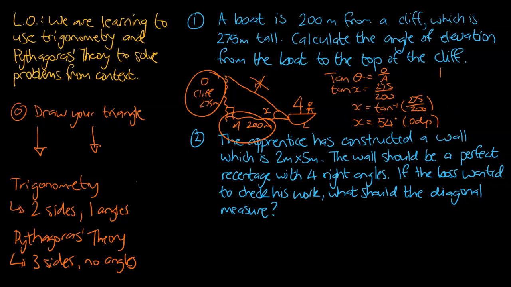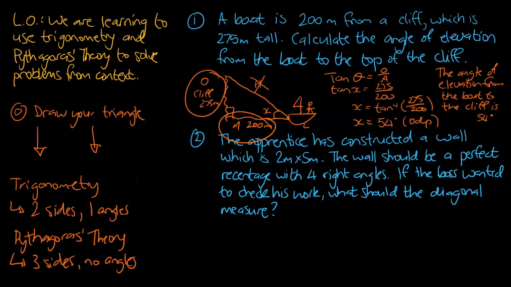So the angle of elevation from the boat to the cliff is 54 degrees. There we go, question 1 done.